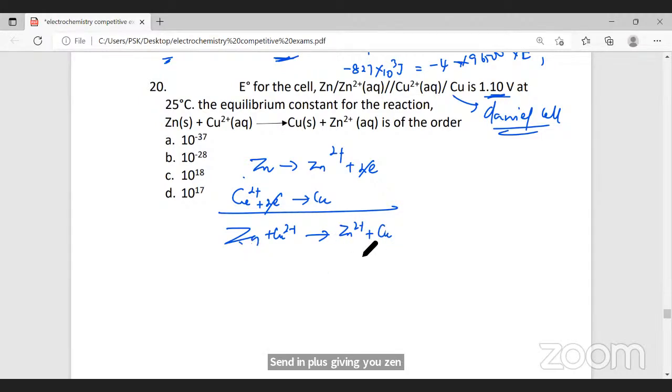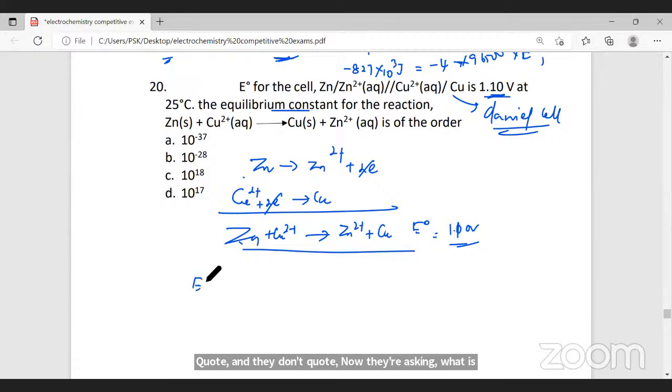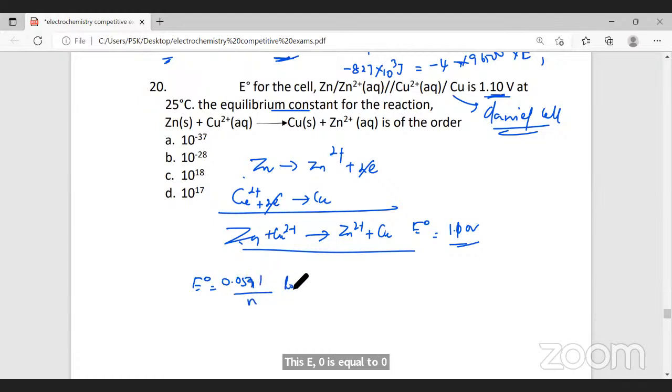For this reaction, they have given you E naught to be 1.10 volt. Now they're asking what is the equilibrium constant. Now E naught is equal to 0.0591 divided by n log to the base 10 of K equilibrium.